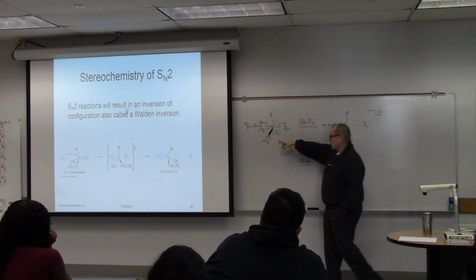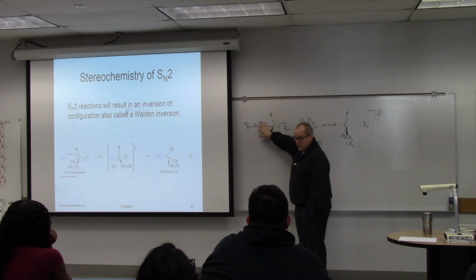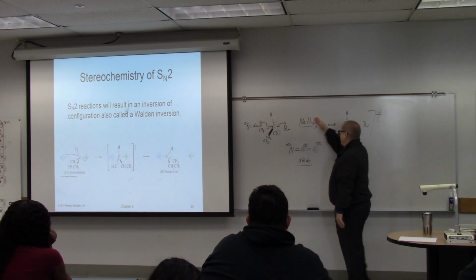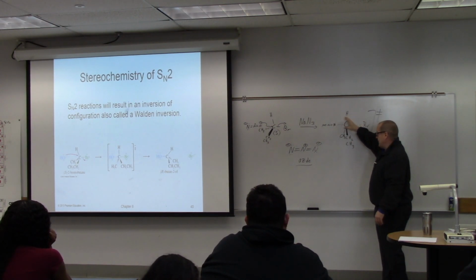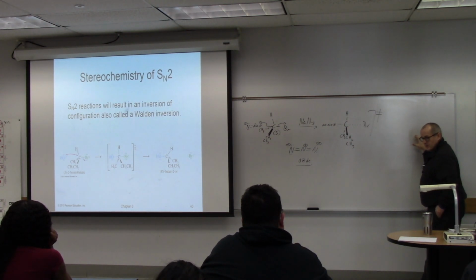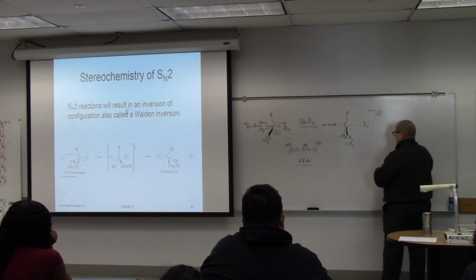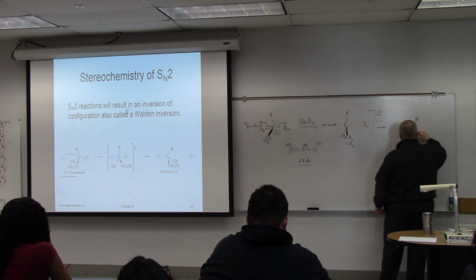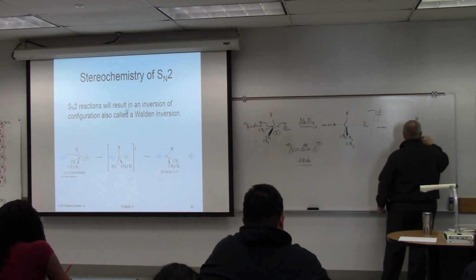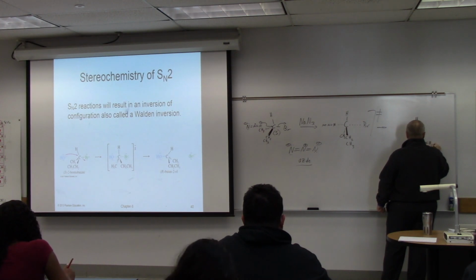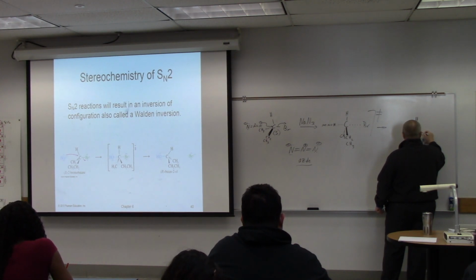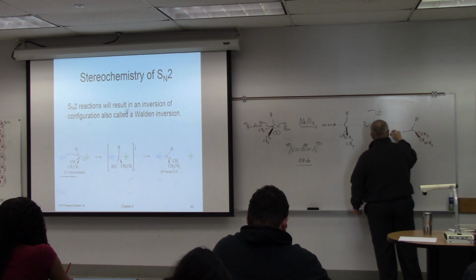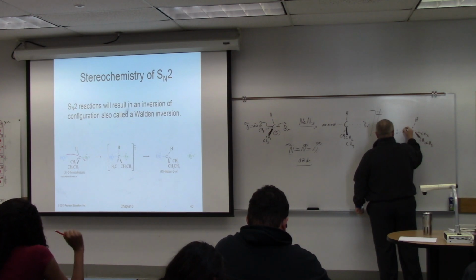So these groups, whatever these groups are, they don't have to be methyls or hydrogen, start out this way. They go flat, make a planar structure here, and then they keep on going this way. And the result of that is this. There we go.